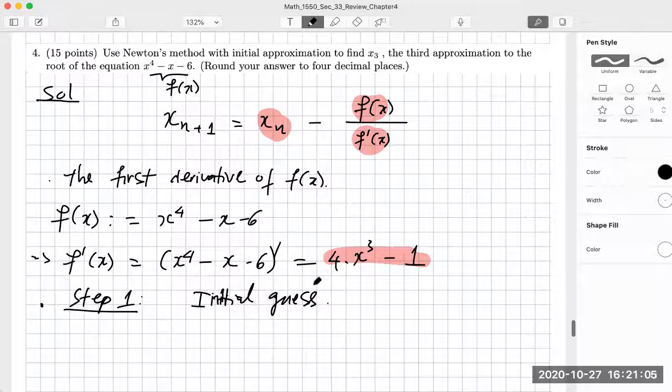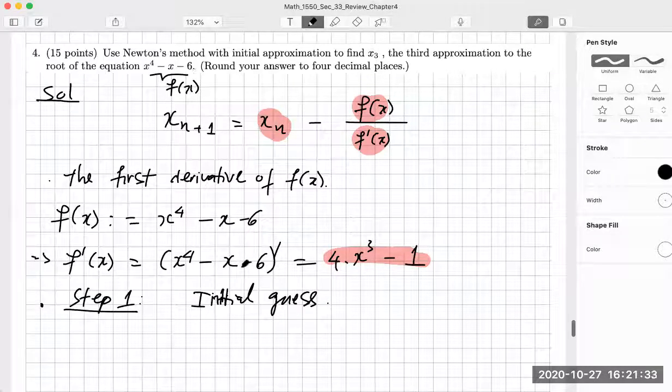So normally we start with a small number. Let us try with 0 or 1. If you substitute 0 here, the function would be -6. If you try with 1, the function value would be 1 minus 1 minus 6, which is -6.